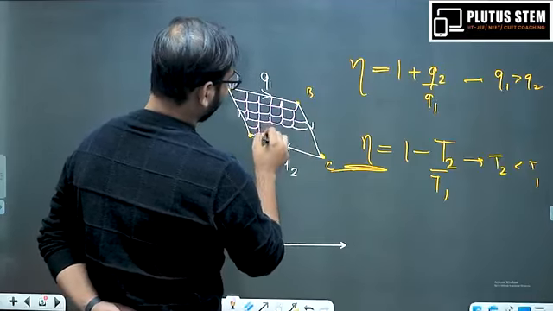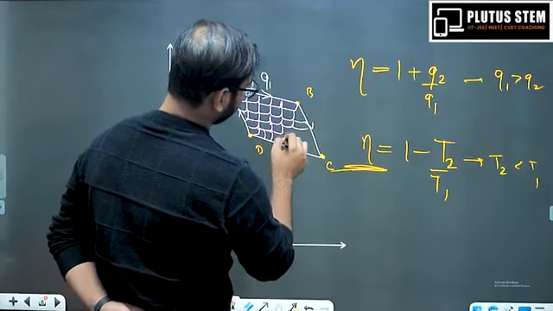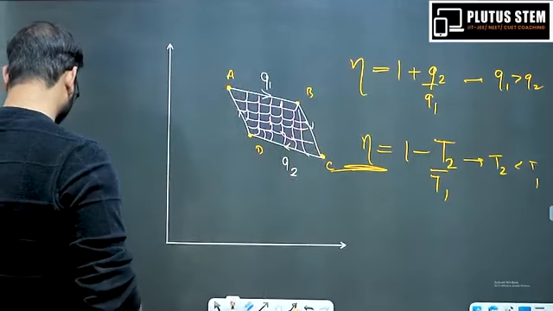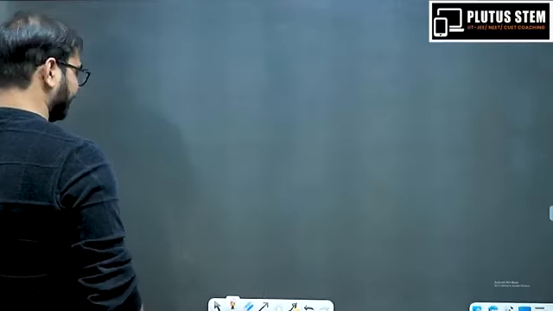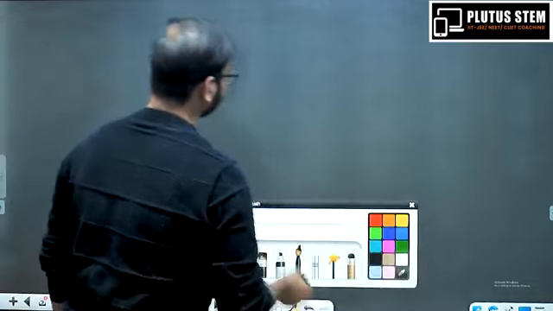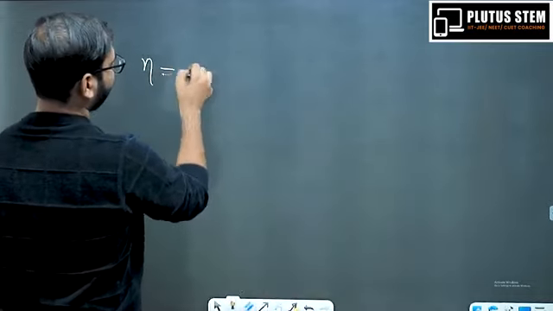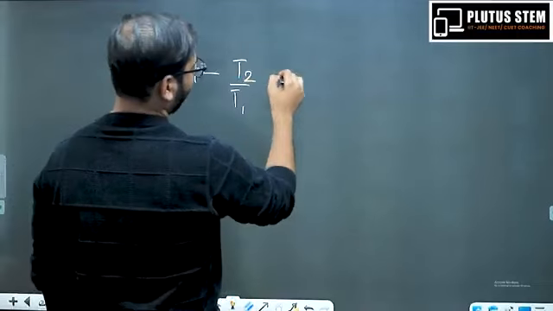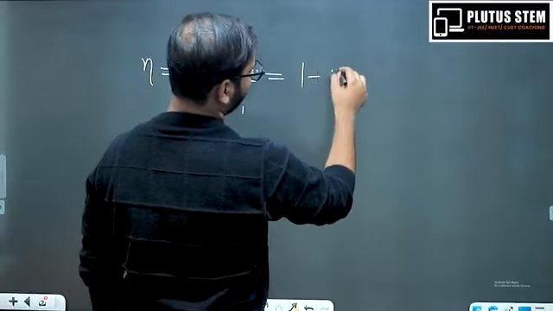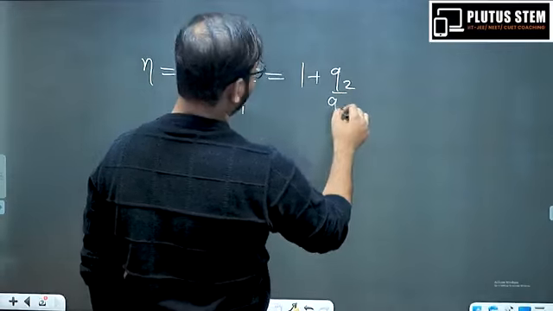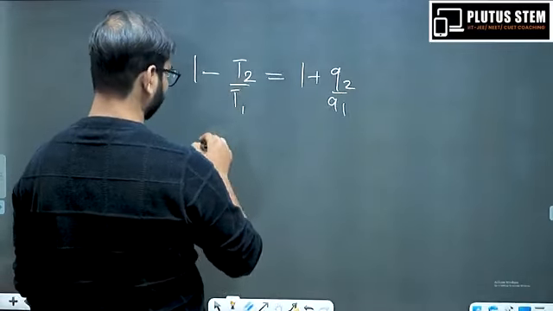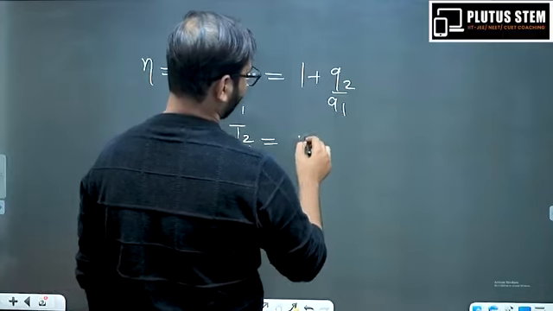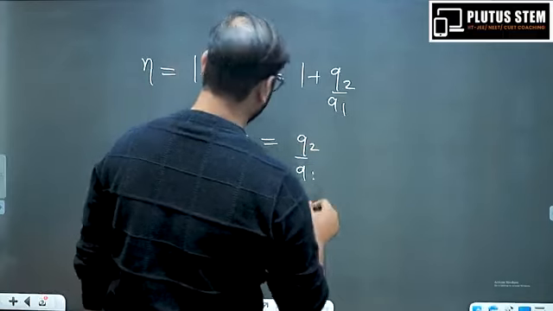And this goes infinitely in all directions. Now, for these infinite number of Carnot cycles, I can say from eta that 1 minus T2 by T1 will be equal to 1 plus Q2 by Q1. Separating, it will become minus of T2 by T1, which will be Q2 by Q1.